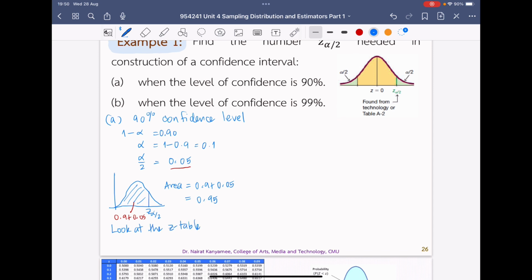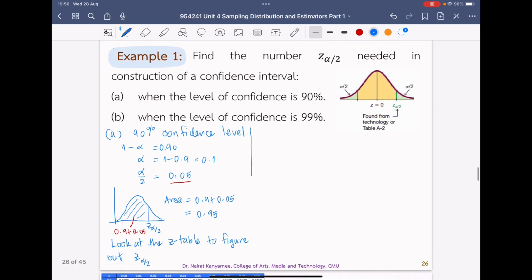And look at the z table to figure out z alpha over 2. Let's look in the table, i.e. we find A such that P of Z less than A is 0.95.